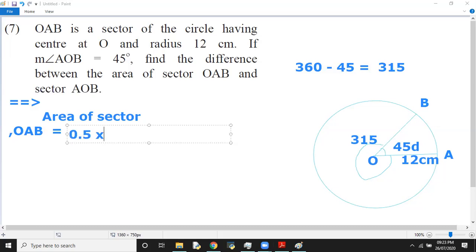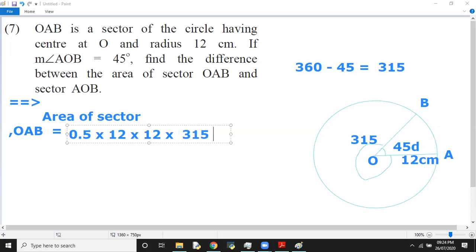Half into R square means 12 into 12. Then half into R square into theta. Here theta is how much? OAB means 315 degree.